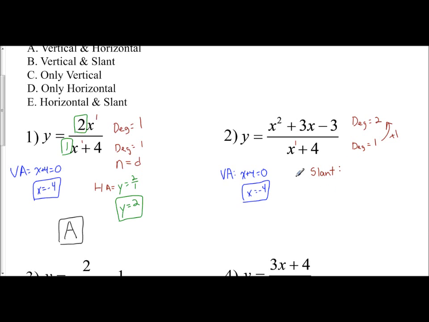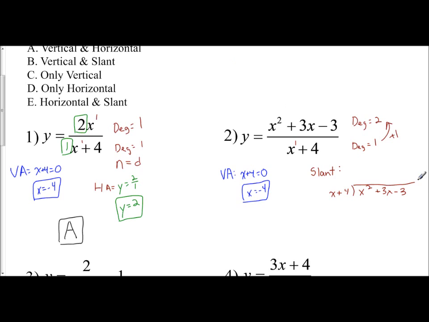asymptote. So I know to find the slant asymptote, what I'm going to do is take and do long division. Take x squared plus 3x minus 3 and divide by x plus 4. So what do I multiply x by to get x squared?